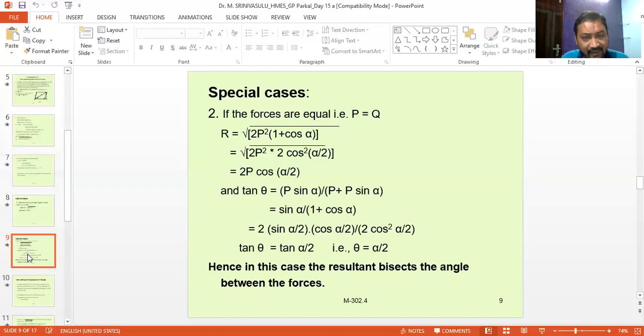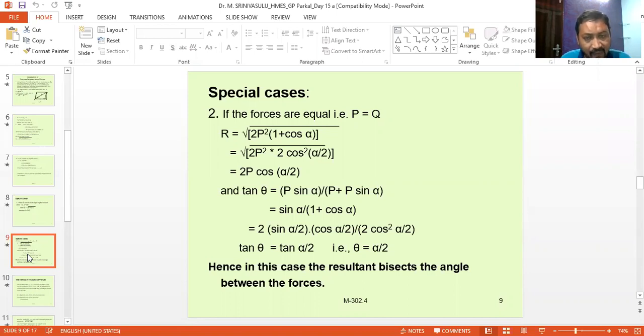When we take 2P square common, R becomes the square root of 2P square into (1 plus cos alpha). And we can write cos alpha like this also: cos 2 alpha is equal to 2 cos square alpha minus 1.